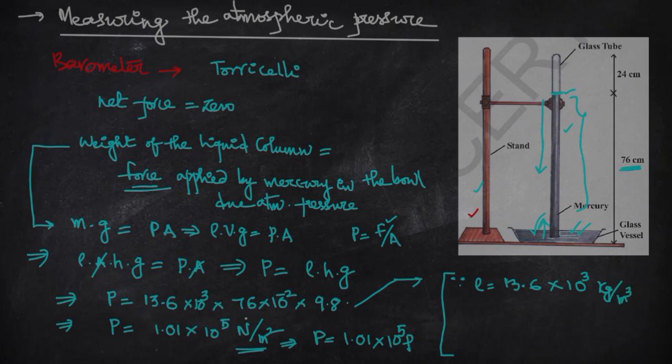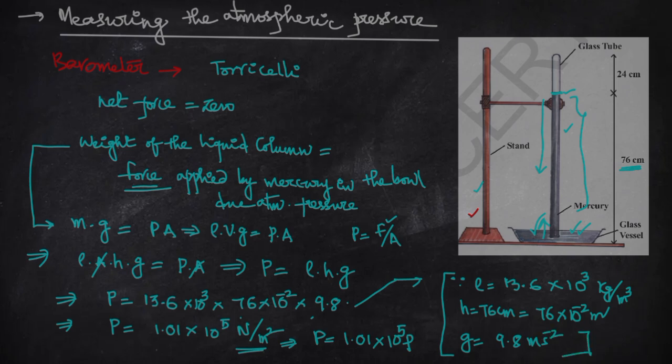And the second one is the height h, which is equal to 76 centimeters. 76 centi means 10^-2 meter, and the value of g is 9.8 meter per second square.